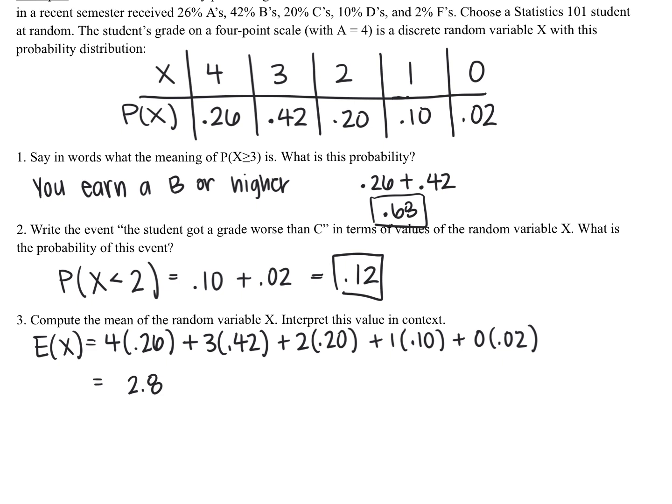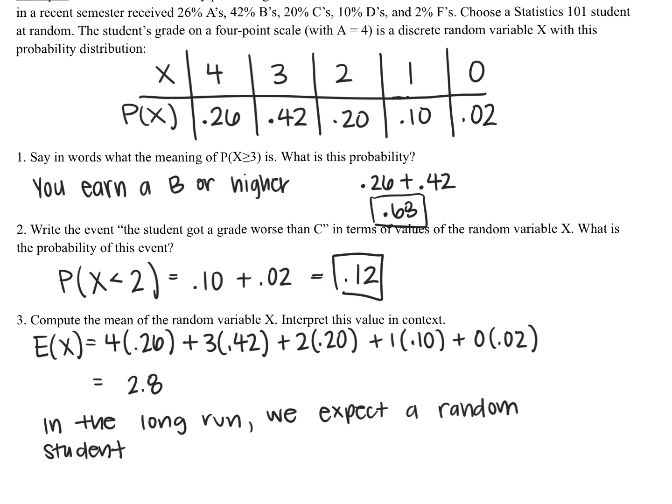So what that tells me is that in the long run, because all of our probabilities are in the long run, we expect a random student to get between A, B, and C in the course.